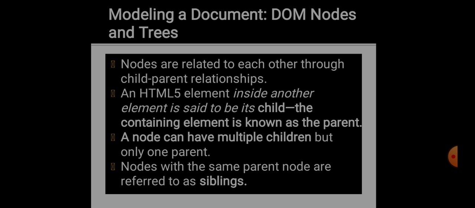Nodes are related to each other through child-parent relationships. There will be parent nodes, child nodes and siblings. An HTML5 element inside another element is said to be its child. The containing element is known as the parent. A node can have multiple children but only one parent. Nodes with the same parent node are referred to as siblings.